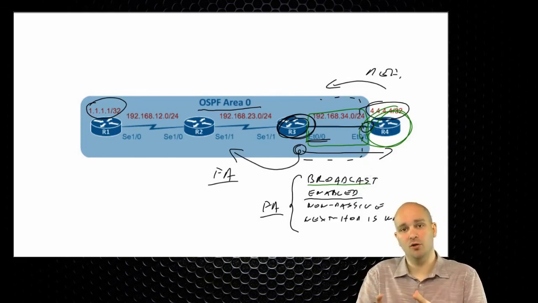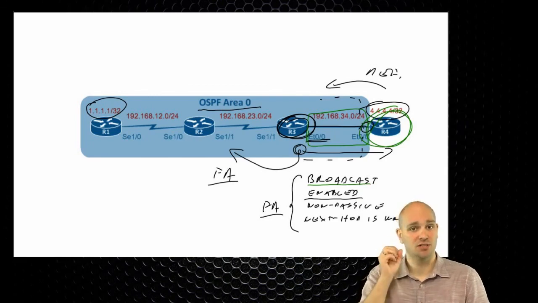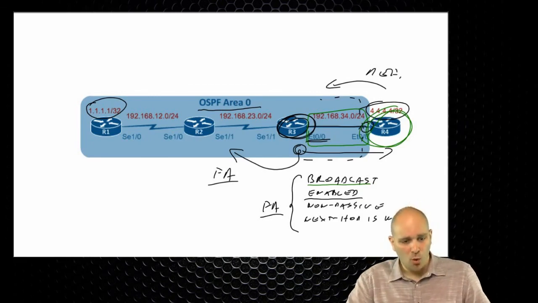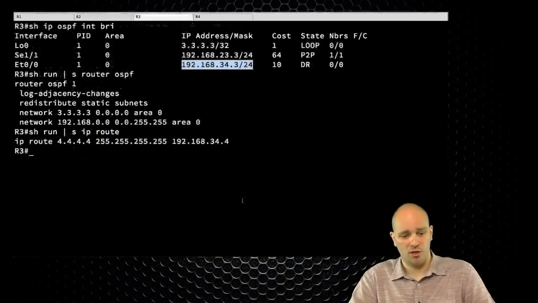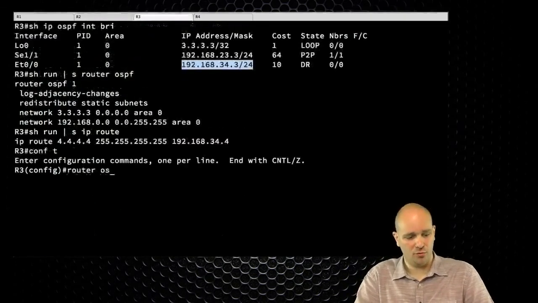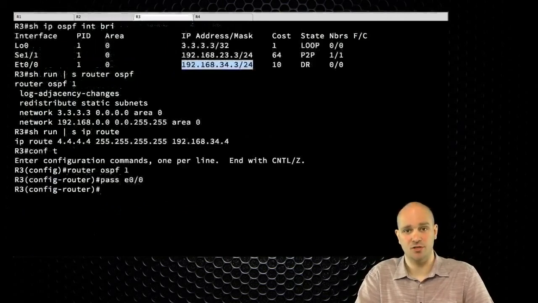The OSPF configured on this interface from R3's perspective is just sending hellos. So one of the correct solutions that we can implement here is to go to R3, say router ospf 1, and say passive-interface Ethernet 0/0.